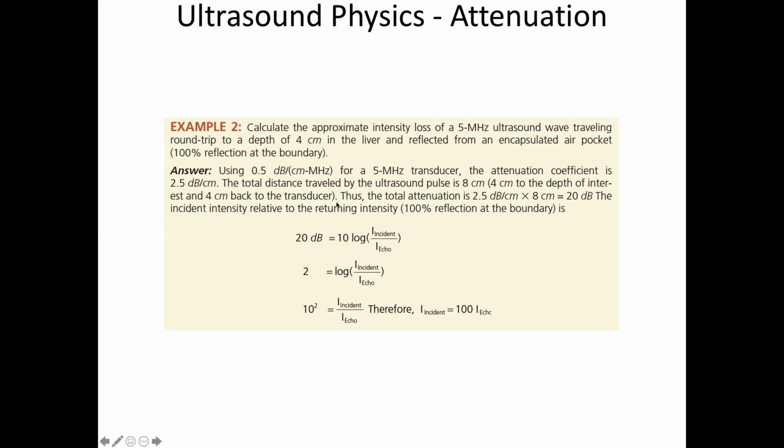And then the total attenuation is this value, I guess, given for liver in a table somewhere. We'll get that. And you find out that the intensity of the incident over the echo is like a factor of 100. Right? So now we know how sensitive our receiver has to be for something that's 4 centimeters deep. We're going to be dealing with a factor of 100 difference in amplitude from what we transmitted.